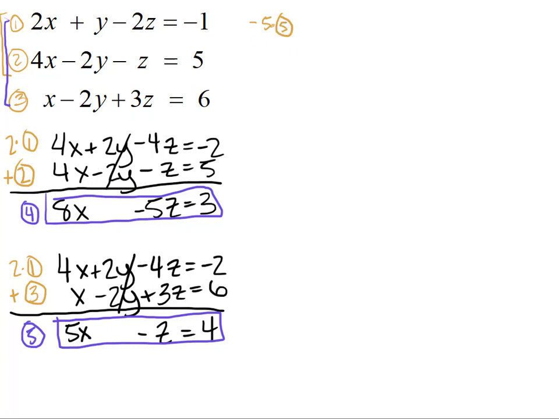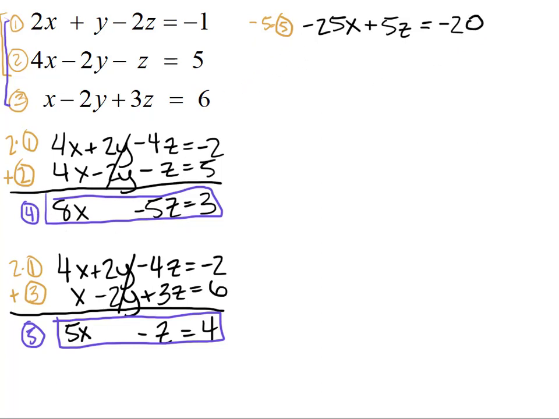And we'll write our new equation over here. When I multiply this equation by negative 5, negative 5 times 5x is negative 25x. Negative 5 times negative z makes positive 5z. And 4 times negative 5 is negative 20.